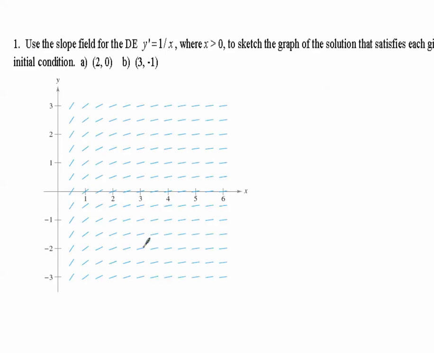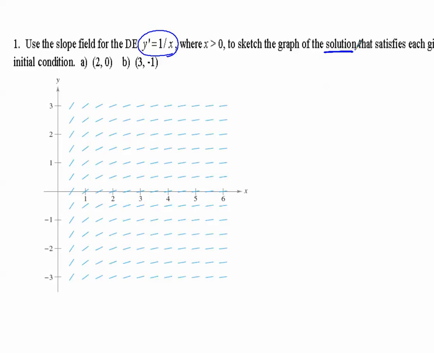I've drawn a slope field for you, and often you're going to see problems like this where the slope field is already given to you, and you need to use it for the differential equation given. In this case, it's dy dx, or y prime, equals 1 divided by x, with x greater than 0, to sketch the graph of the solution that satisfies the given initial condition.